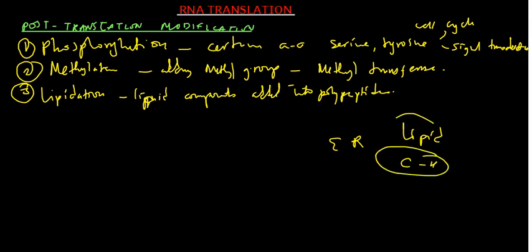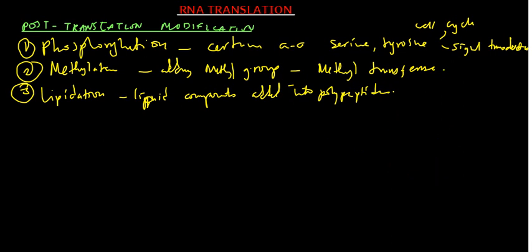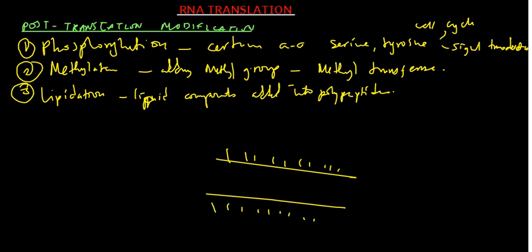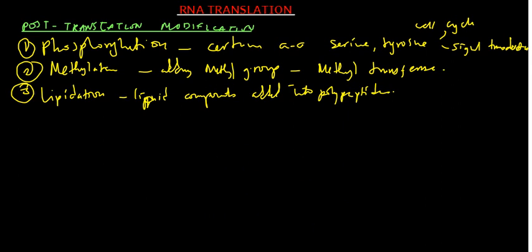So the reason for adding a lipid to this protein which has been formed is to increase its hydrophobic character. Alright. Just as we know, the cell membrane is a lipid bilayer. It has got a portion which loves water and a portion which doesn't love water. And so that is why we want to increase this even in the protein, because proteins are also used in the cell membrane, and those proteins which are especially used in the cell membrane are what we put lipids on.